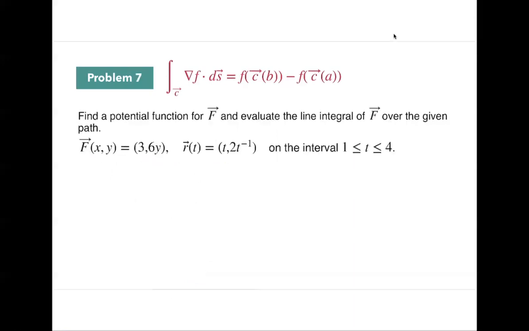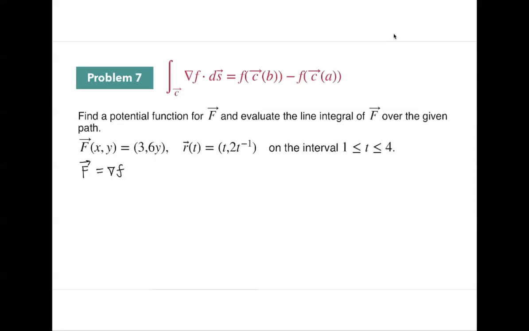This is the last problem. Let's find the potential function for F and evaluate the line integral of F over the given path. Okay, what I want to do is find the f satisfying this one.